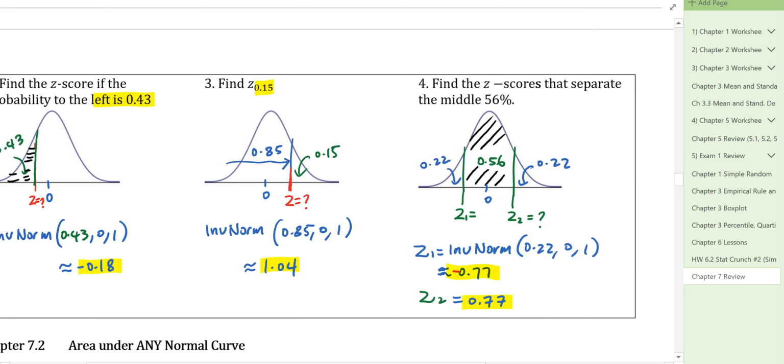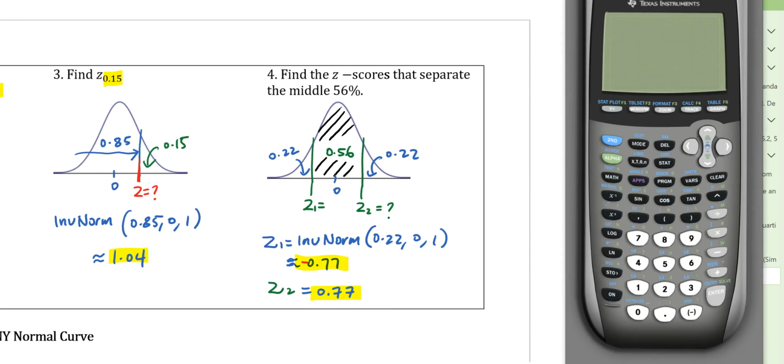So let's do number 4 again using a calculator. Okay, first let's find z1. So second vars, number 3, inverse norm. The area on the left tail of the z1 that I'm interested in is 0.22, and 0, 1 is the mean and standard deviation. Okay, so approximately negative 0.77. And by symmetry, the one on the right-hand side should be positive 0.77. So let's verify.